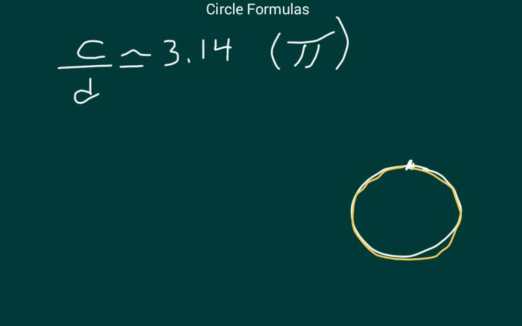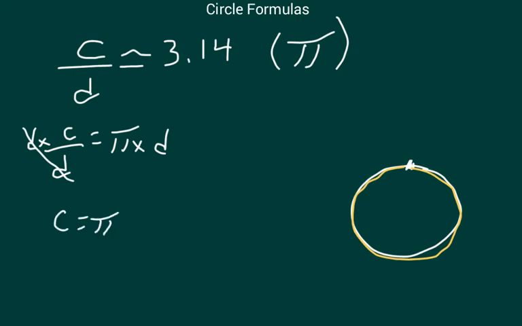So we can say there's one of the formulas right there, that circumference divided by diameter equals pi. You can multiply both sides by diameter. This would cancel, and it leaves you with circumference equals pi times diameter. And since diameter equals double the radius, where we have diameter, we could put in 2r, circumference equals pi times 2 times the radius.